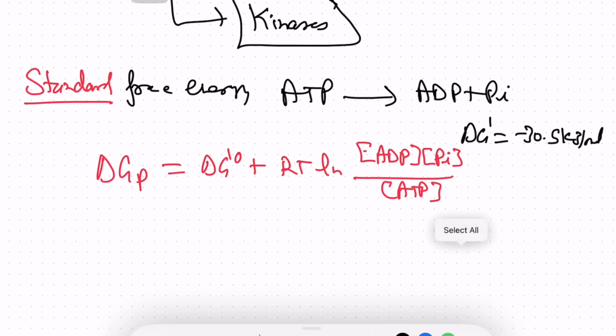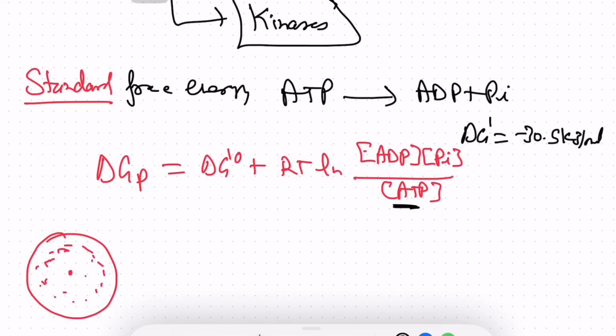Now keep in mind, if there is a cell with more concentration of ATP, this value will be more.